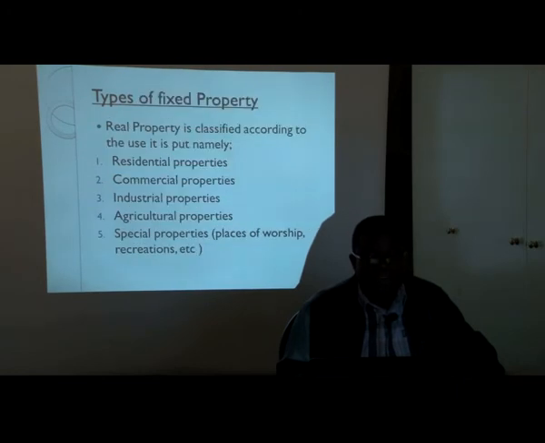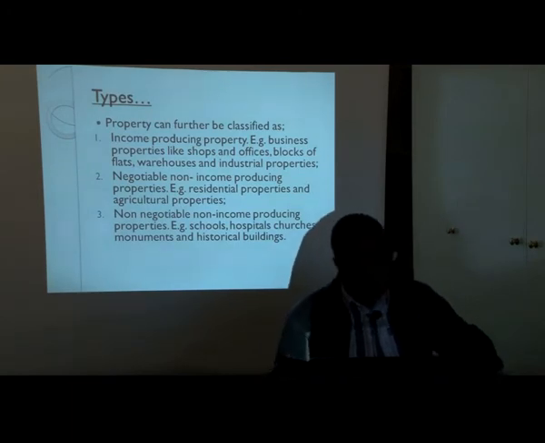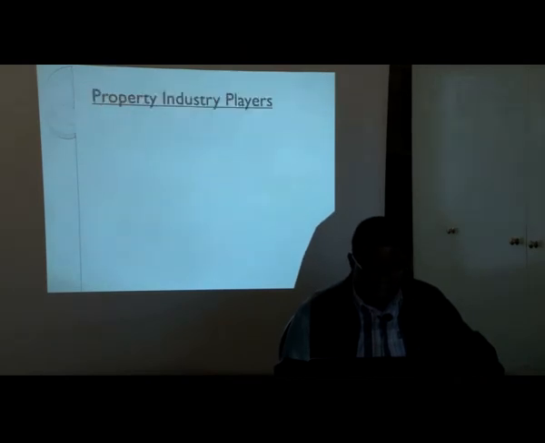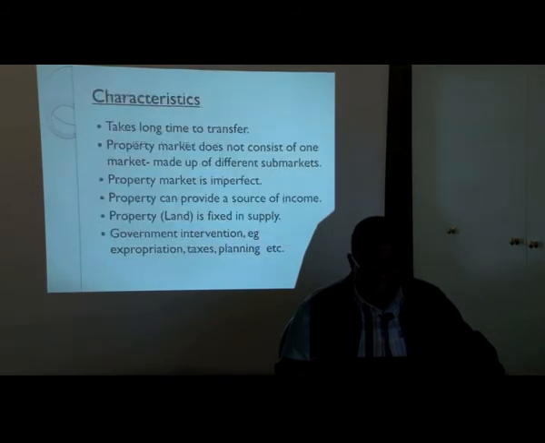So apart from the general classification, we also said property can also be classified according to their income producing capabilities. Those properties that generate a steady flow of income, you normally use the income method. Those that do not produce income, you use the comparable sales method. So that is on the types of property.